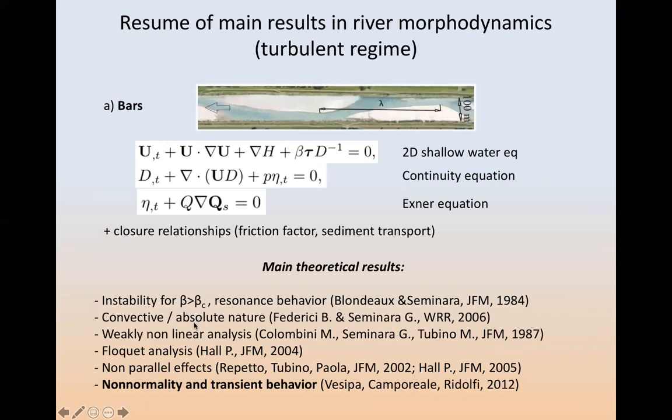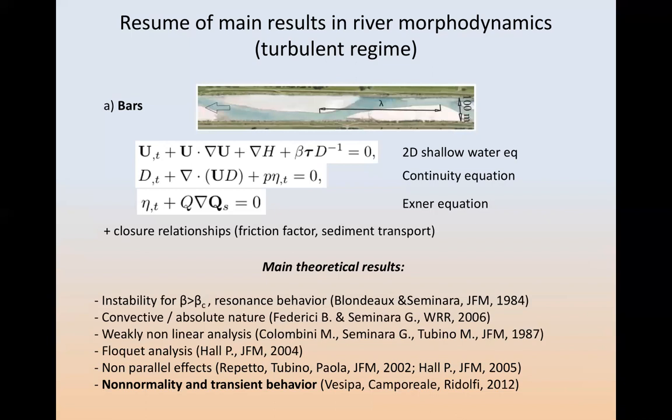We know that when the aspect ratio of the river is higher than a critical value, we have the instability. It was also studied the convective absolute nature of the instability, the weakly nonlinear analysis.